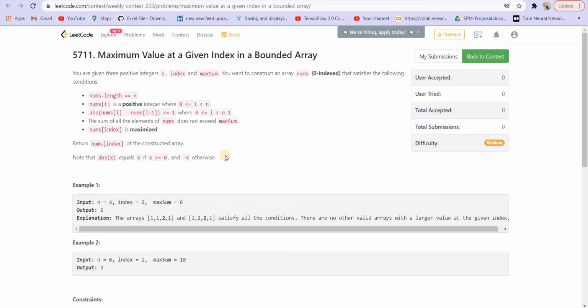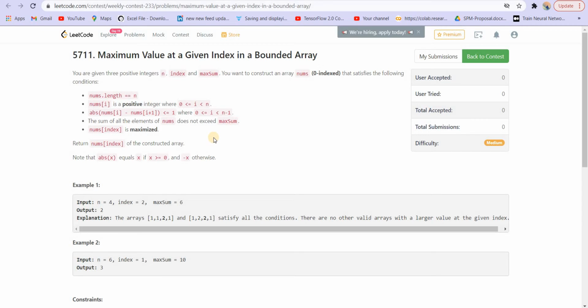The sum of all elements should not exceed maximum sum, and nums[index] is maximized. Oh, okay. Return nums[index] for the constructed array.